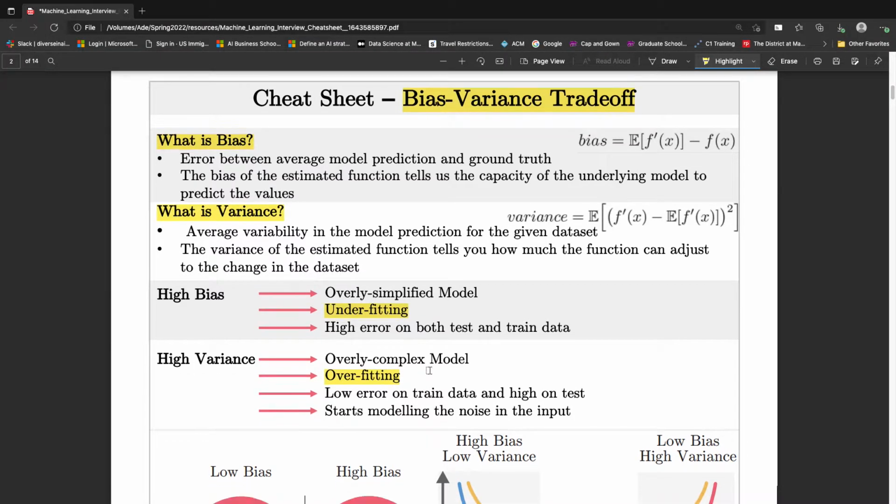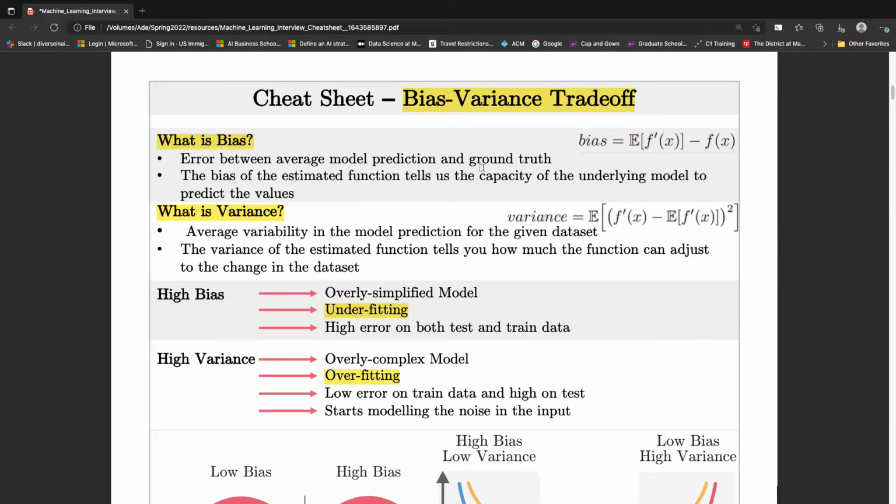So one thing is you want to be sure that you read a variety of materials and books, so that you can be sure what the same terminology is called by other researchers. Bias is the same thing as underfitting.